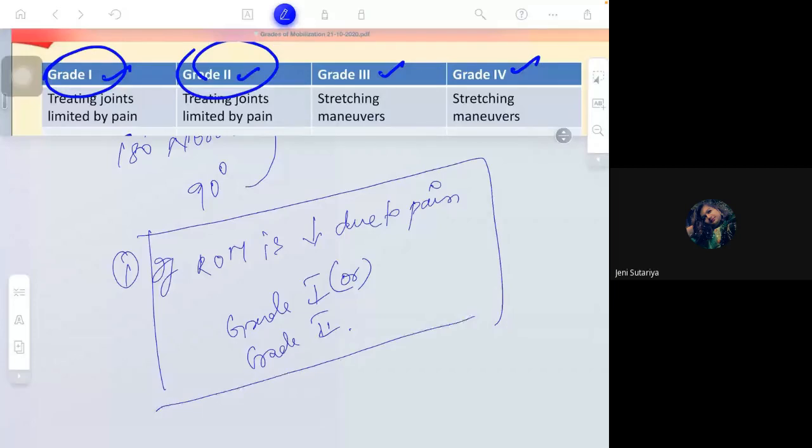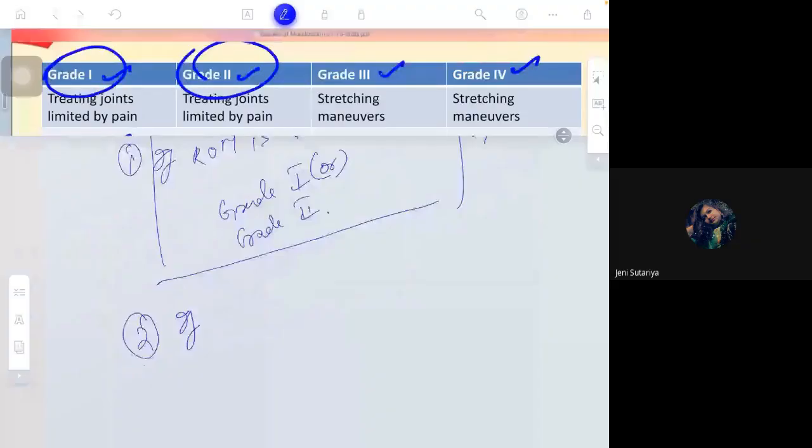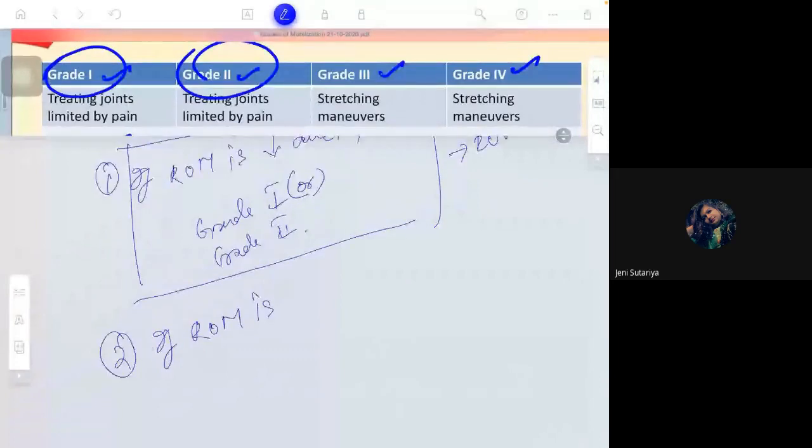The pain will reduce, because grade 1 and grade 2 mobilization reduce the pain. If pain is reduced, range of motion will increase. Are you clear?